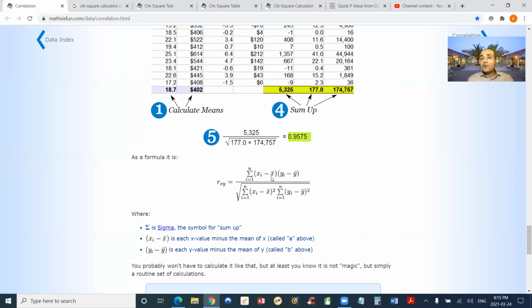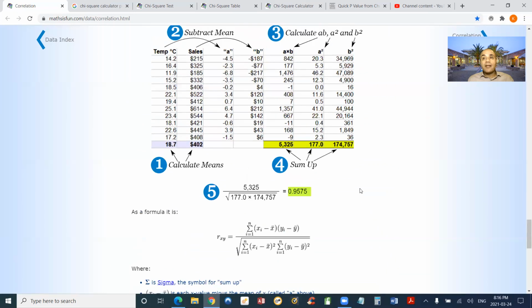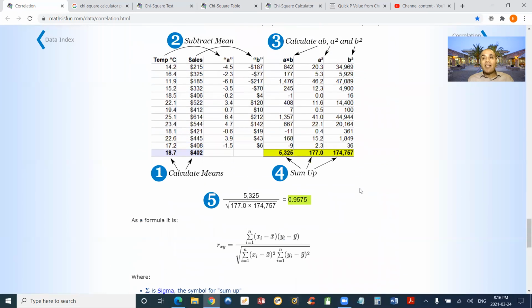You find the difference of the data points and x bar and y bar. You multiply them per data point. You sum them up for the entire sample size. And then you do this separately for (xi minus x bar) to the power of 2 and (yi minus y bar) to the power of 2. And then you take the square root because you want to have the size of the vector. Remember that? That's your cosine factor, cosine theta.